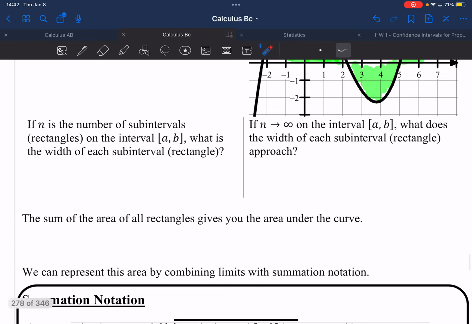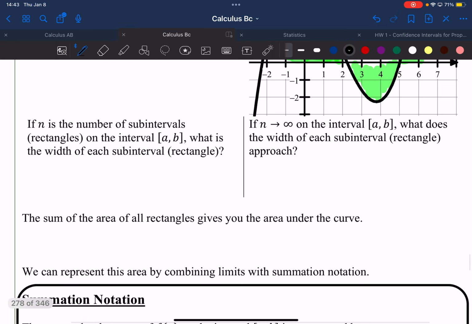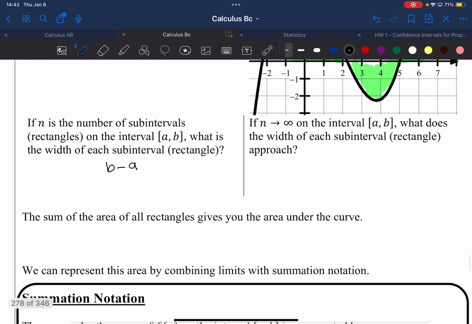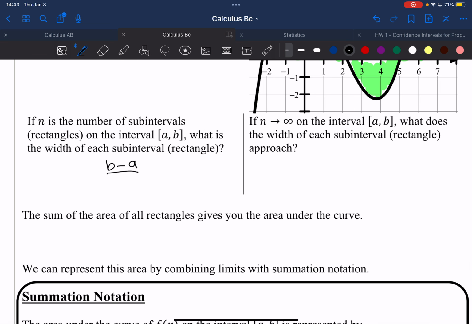When we talked about width yesterday, what did we do with the two endpoints on the interval? We subtracted them. So we said b minus a, to get that distance, and then we divided it by n, whatever n was. This is called the change in x.